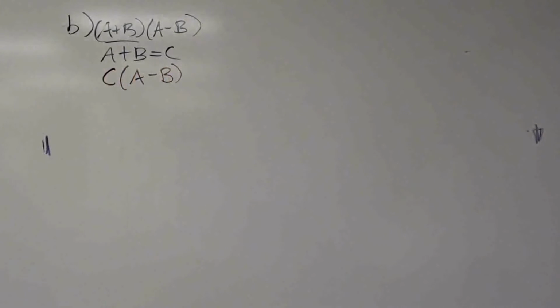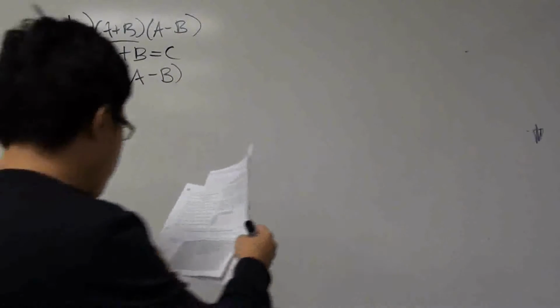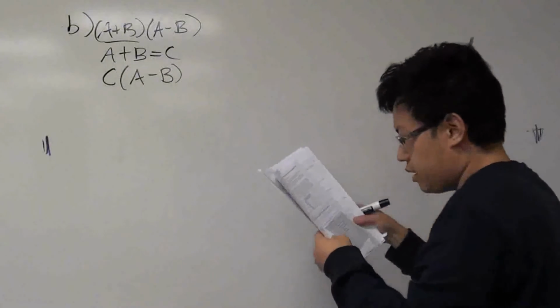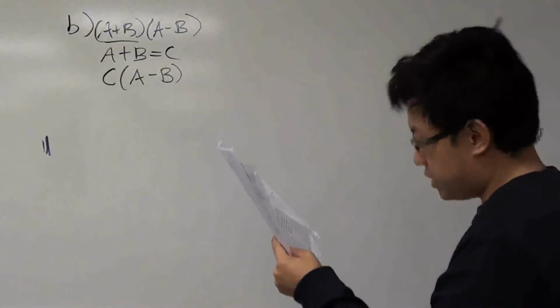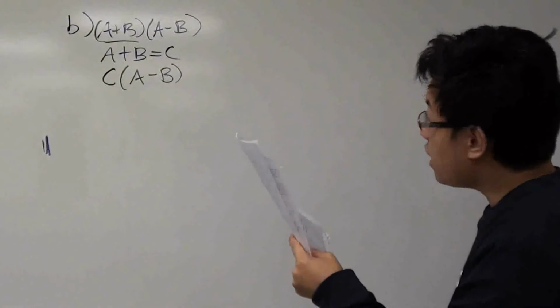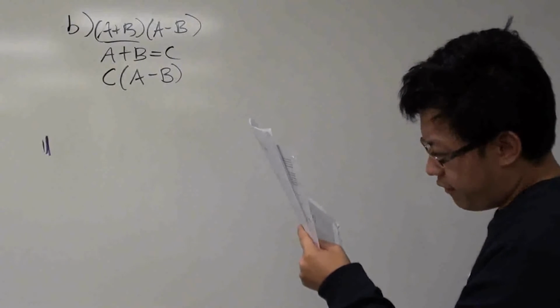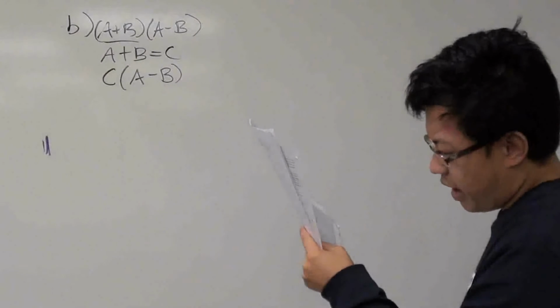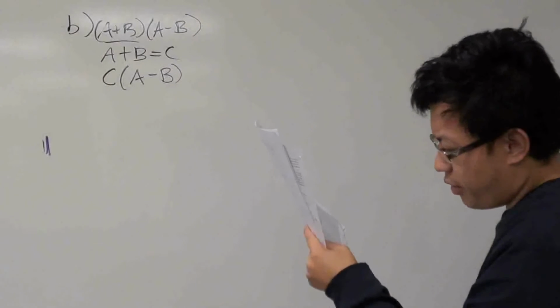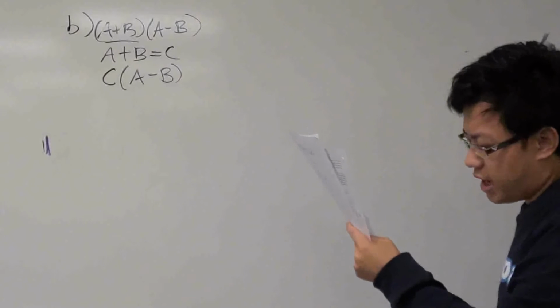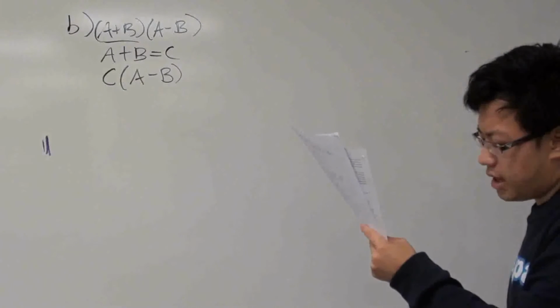On the theorem, which is found in the very first, it was Theorem 1.4.1. Which letter is it specifically? Oh yeah, literally copy and paste from F. Theorem 1.4.1 F, which says A times (B - C) is AB minus AC.